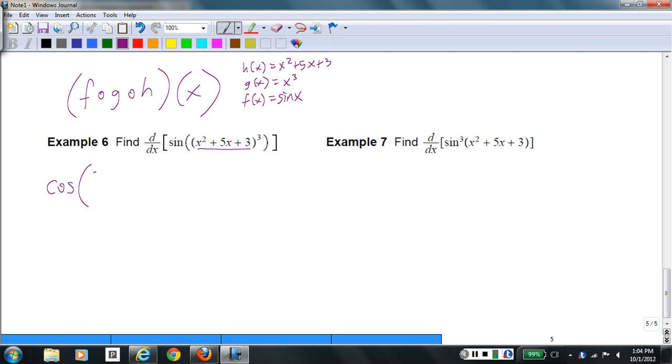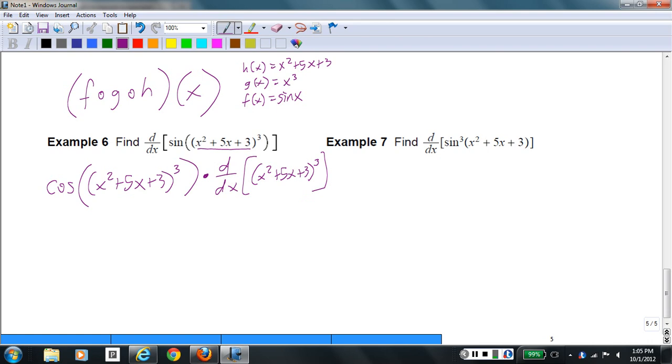The cosine of that something, all of that, times the derivative of that something. So the derivative of the sine of that expression is equal to the cosine of that expression times the derivative of that expression. So we write that down.